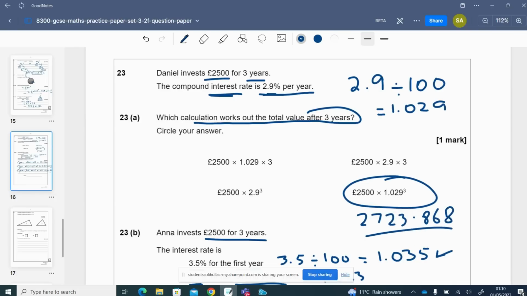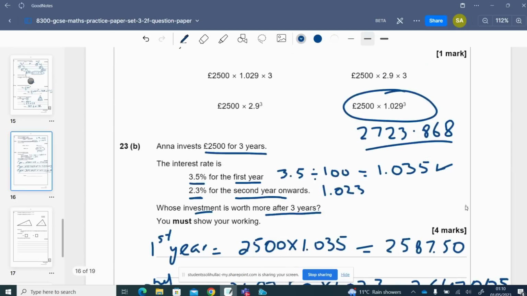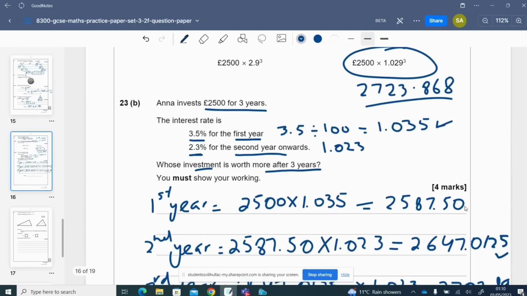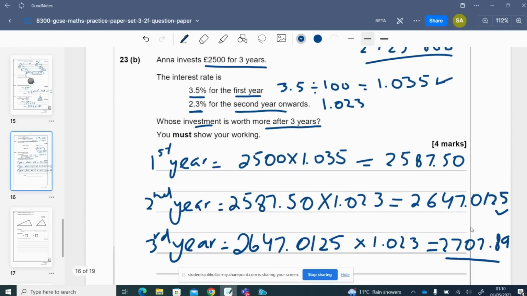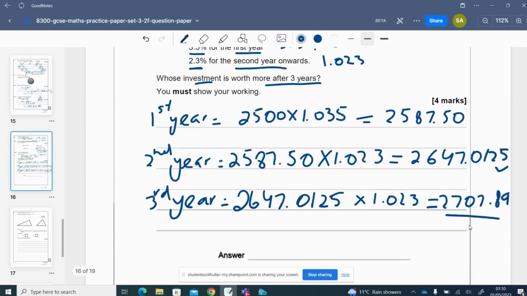So 2,723.868 is the money which Daniel got, and Anna got 2,707. That means that Daniel got the most money in his account.